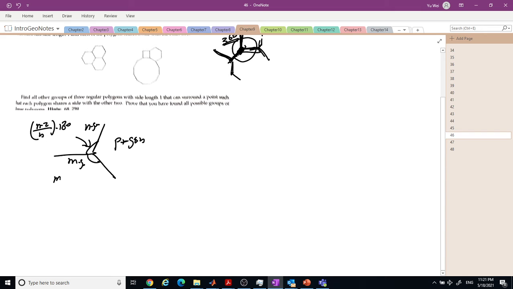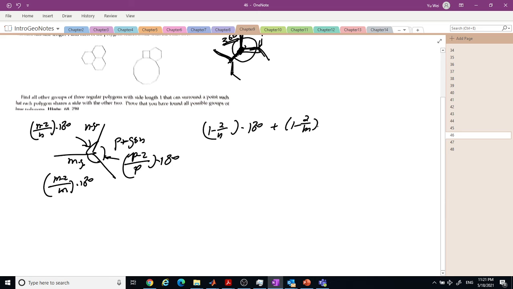This is (m minus 2) over m times 180, right? And this is the p-gon, so this is (p minus 2) divided by p times 180. We only know these 3 add together. So we have (1 minus 2 over n) times 180 plus (1 minus 2 over m) times 180 plus (1 minus 2 over p) times 180. Altogether it is 360 degrees.